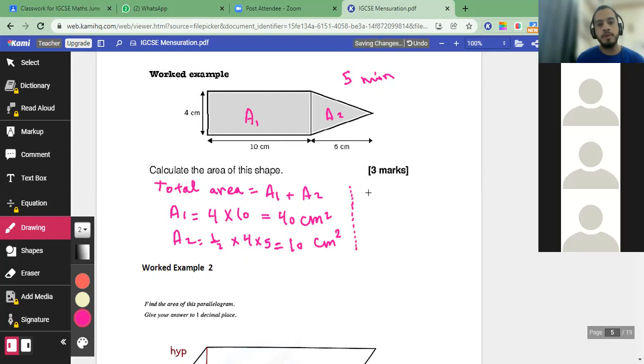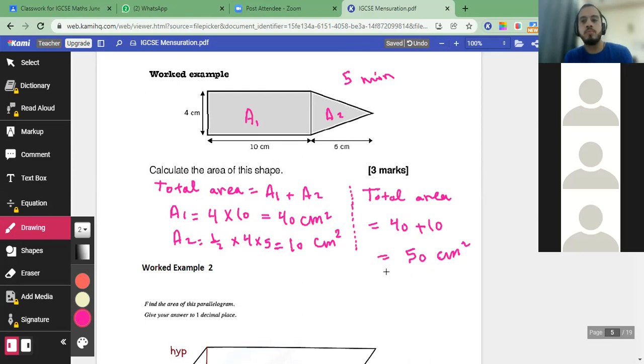And then total area equals 40 plus 10, 50 square centimeter. Thank you, Mariam. Jana, hello. Yes, Mr. Hello Jana, how are you?